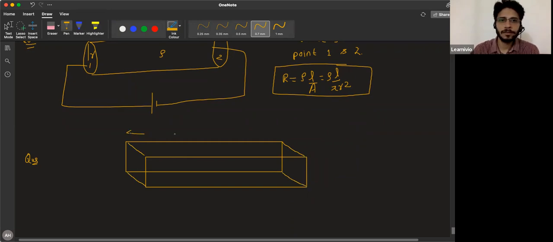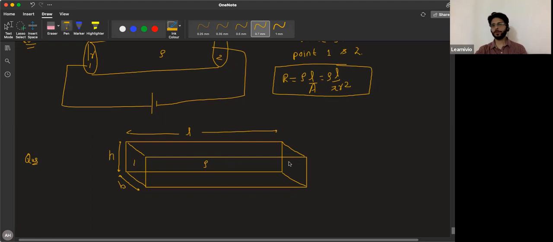One side is L, another side is B, and let's call this H. Resistivity is rho. I asked you to calculate resistance between point 1 and 2.